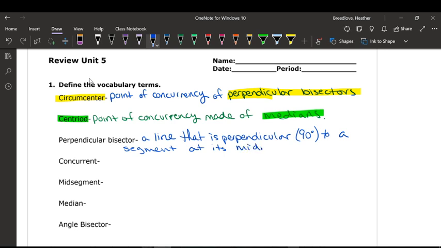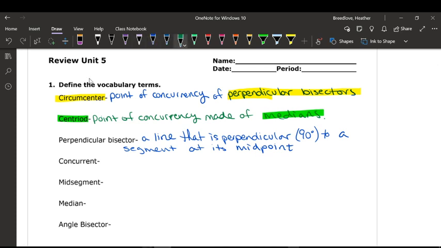So not just anywhere, it's a line that meets another line at 90 degrees, but also it bisects it, a perpendicular bisector, and a bisector divides that line into two equal parts, so it has to be at the midpoint of the segment.